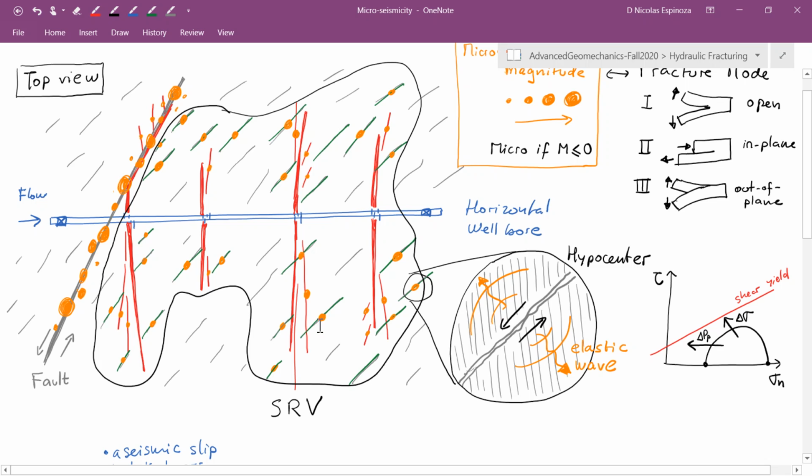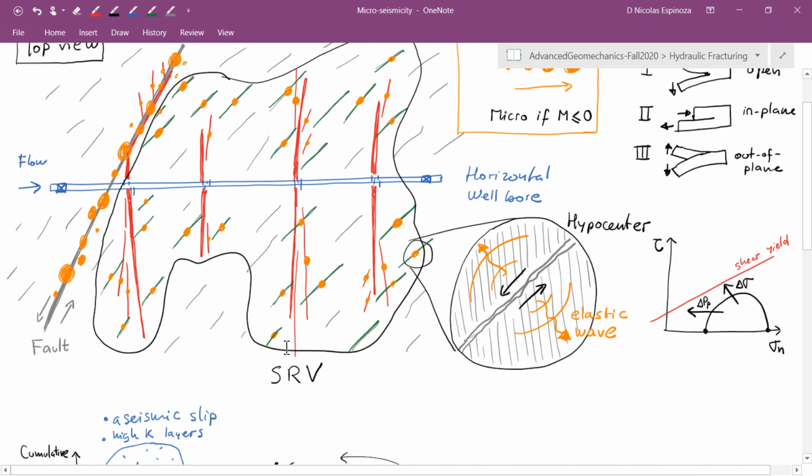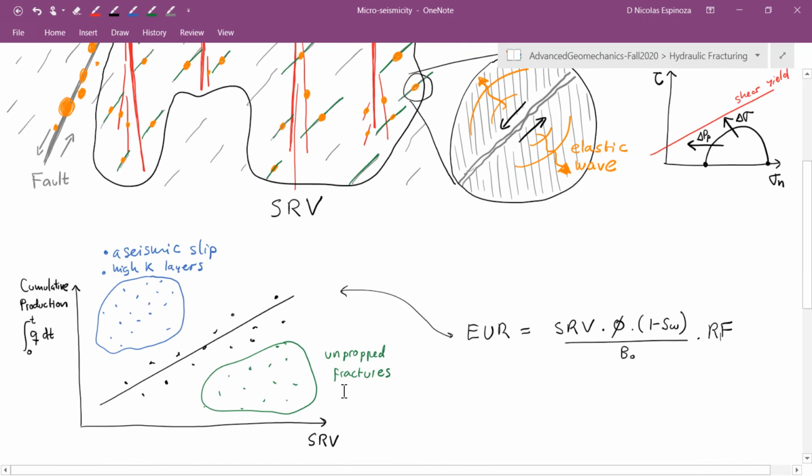In fact, field evidence shows that out of the several fractures of these fracture swarms created in reservoirs, just a few of them are propped. So here I try to make that emphasis with a thicker line showing which ones are going to be propped. So you may have a lot of microseismicity, a lot of reactivation, but sometimes you may not have your proppant in there. So in that case, you're going to have a larger stimulated reservoir volume, but a low production.